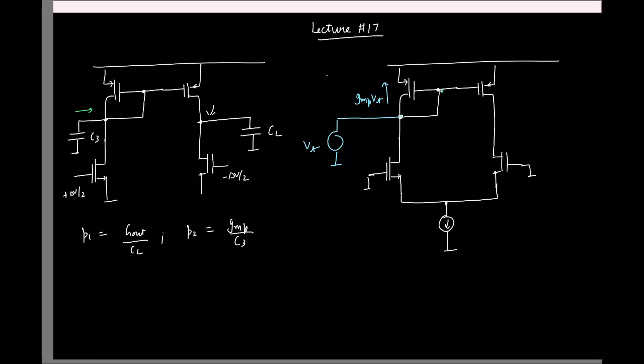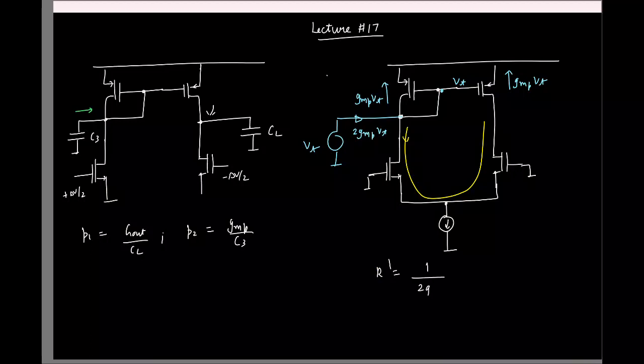But this voltage is also applied to the gate of the other PMOS, so that will also generate a current GMP V test. If you ignore all the R0s, this current will have to come out this way. So the total current that this test voltage has to supply is 2 GMP times V test, right? So the impedance we found was 1 by 2 times GM of the PMOS, right?